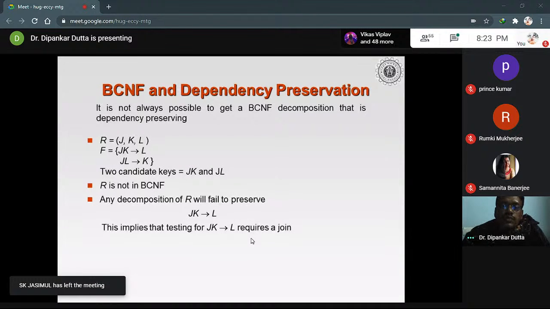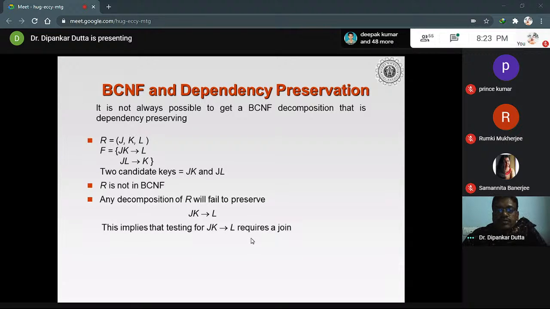So it is not always possible to get a BCNF decomposition that is dependency preserving. What we said earlier is that first, when we are decomposing, we have to take care of lossless decomposition.